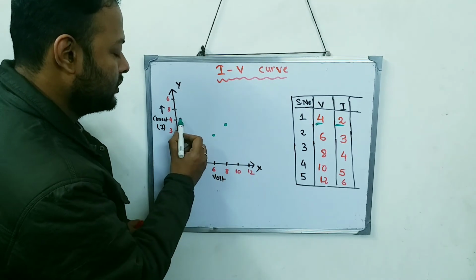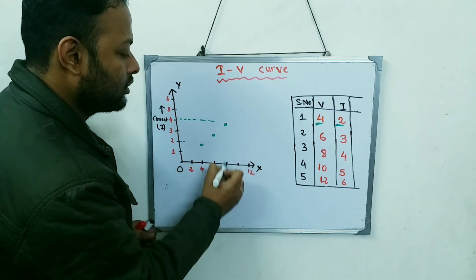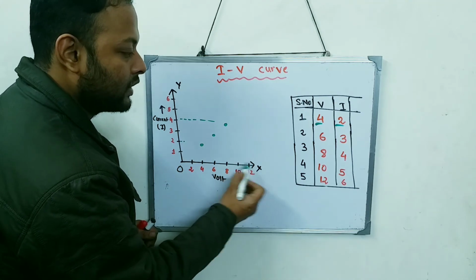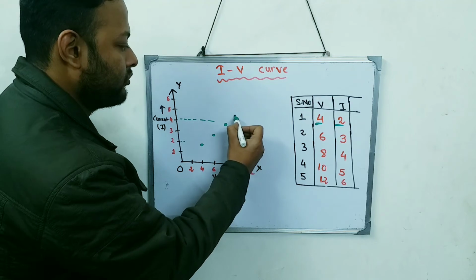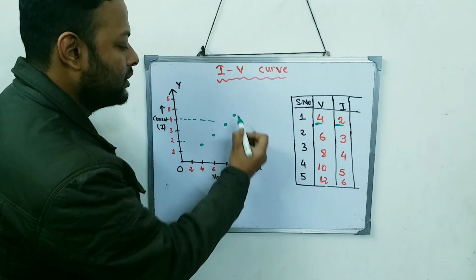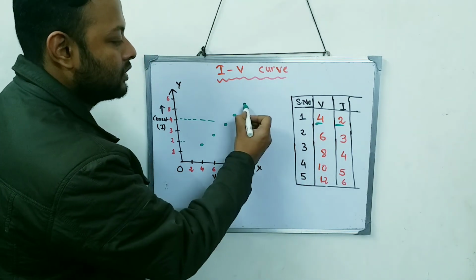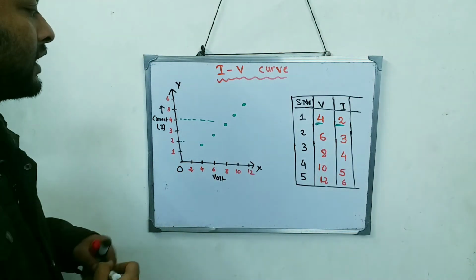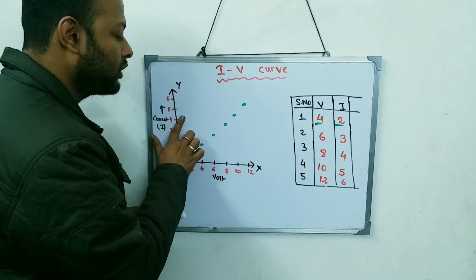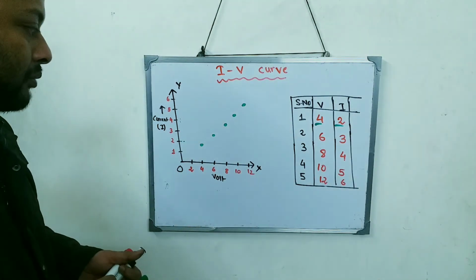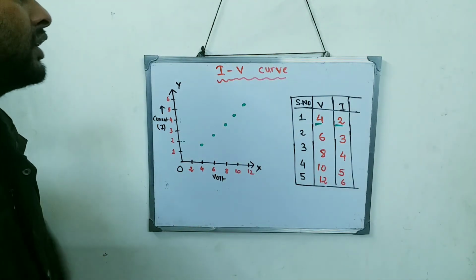Somewhere over here, if we see this, for 10 volt 5 ampere, and for 12 I am getting 6. So these are the plot points I got. If you plot it on a graph, now my work is to join these points.